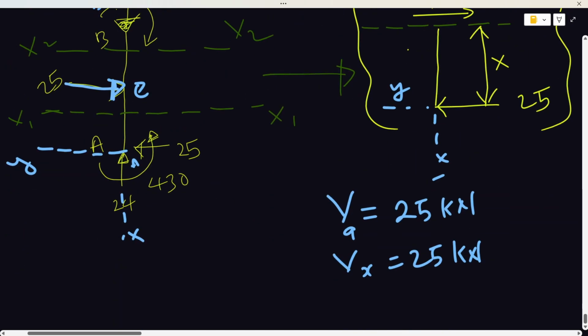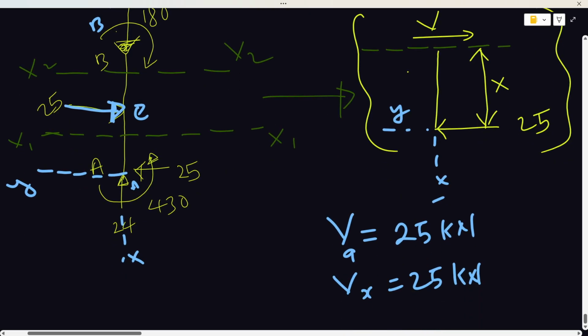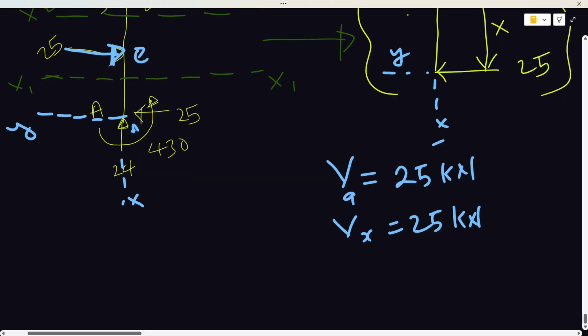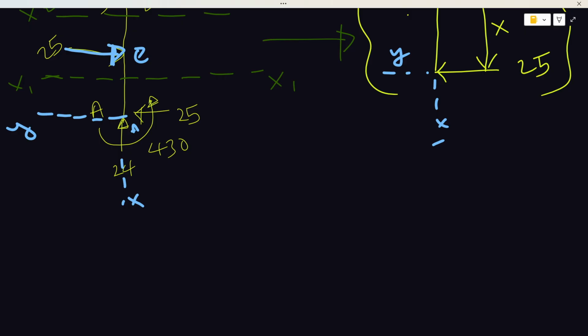The way to do this is to consider the next cut, the next section. We do this by saying, okay, 25, and this is the discontinuous point.